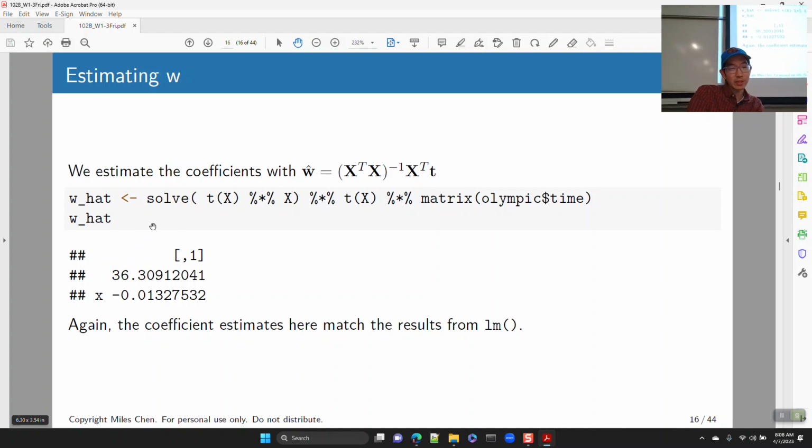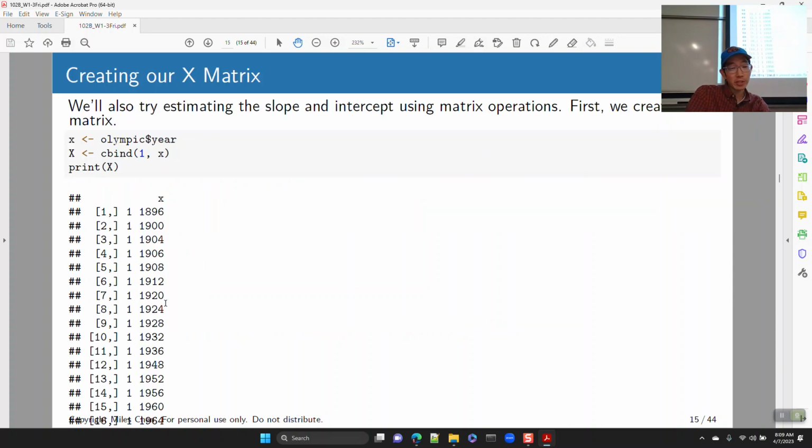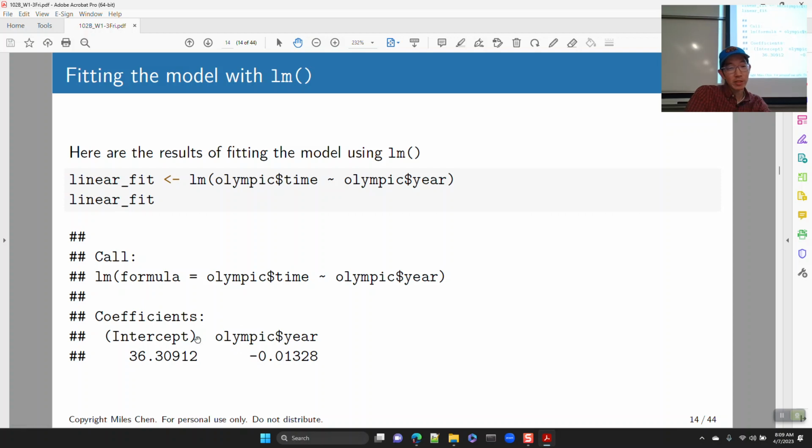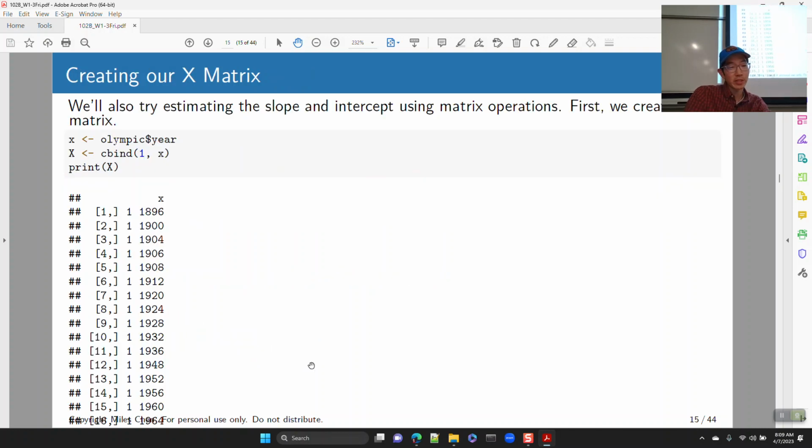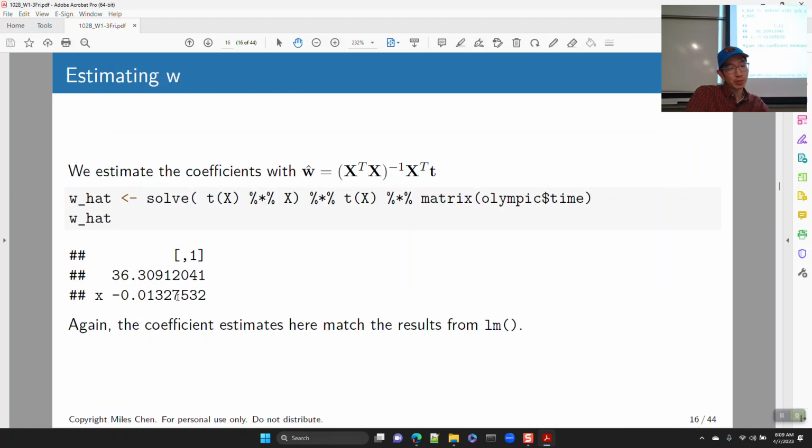What is our predicted values? X transpose X inverse, X transpose times our actual target values, the T's here, and it gives me W hat. I get 36.309 for the intercept, a slope of negative 0.01327, which is exactly what lm does. lm gives 36.309, negative 0.01328, which is what we have here, just rounded a little bit.